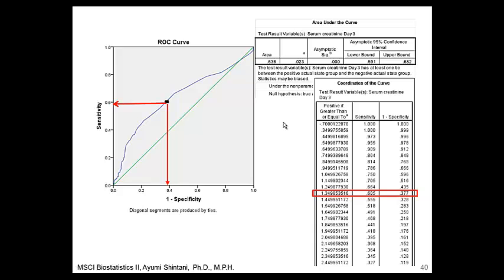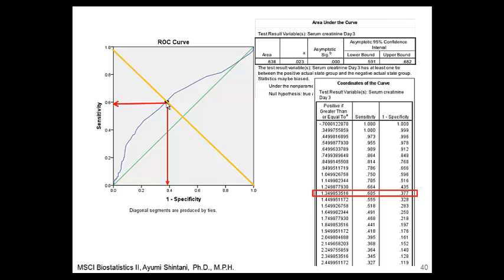The best cutoff point can be chosen based on many criteria, but one criterion is to choose the cutoff at the point where the sum of sensitivity and specificity is maximized. How do you get that point? You draw a diagonal line, and then you get the point where it crosses the ROC graph.